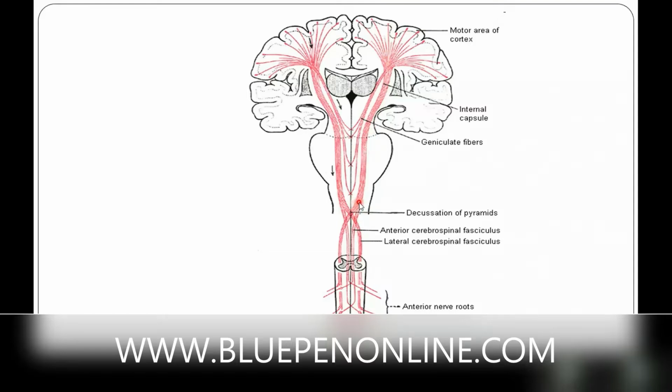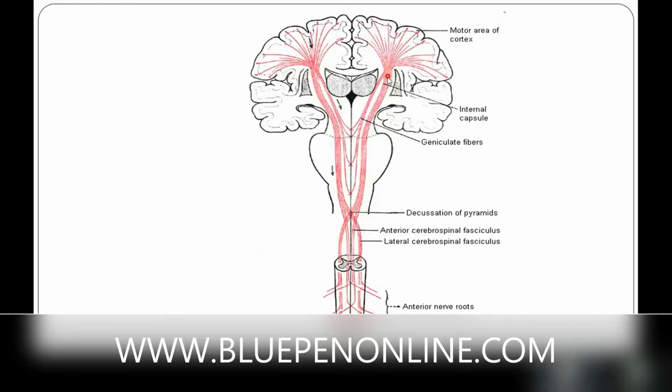When they reach the medulla, as you can see in the picture, they have converged and form a pyramid-shaped, inverted triangular structure in the medulla. Here these nerves take a turn: almost 80% of the nerves cross to the opposite side.